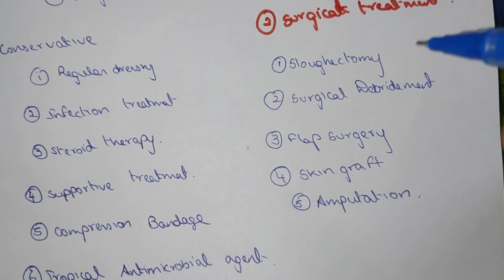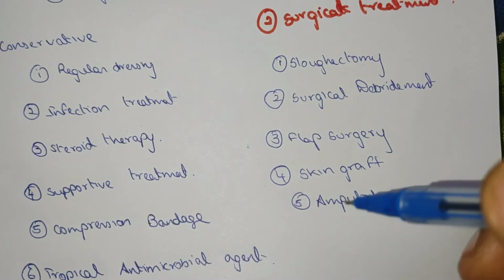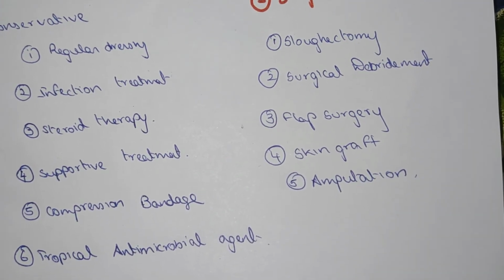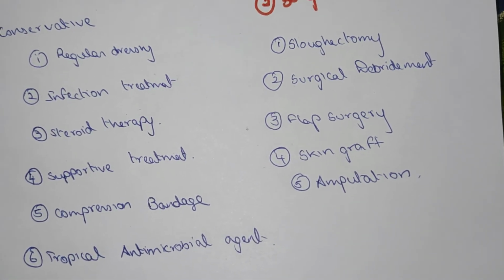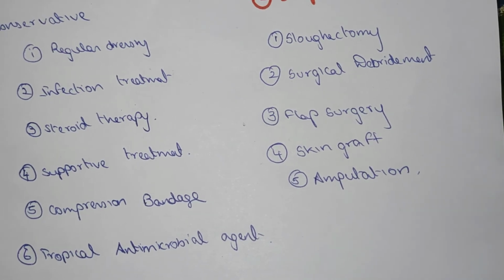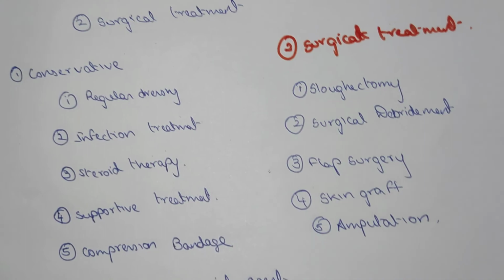It is known as slough ectomy. Surgical debridement, flap surgery, skin graft. When the ulcer spreads fast and does not heal, there is a chance of skin grafting and amputation, cutting of the particular part. These are the treatments of the ulcer.